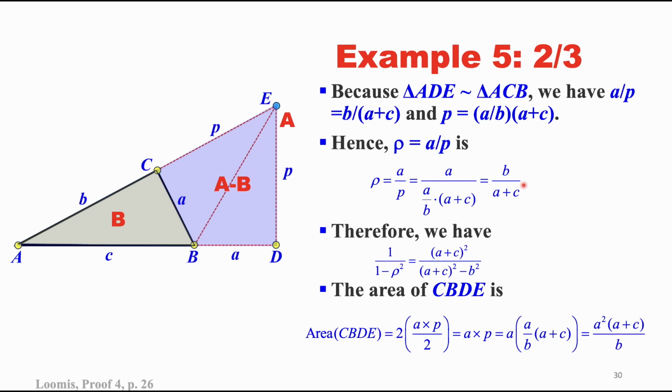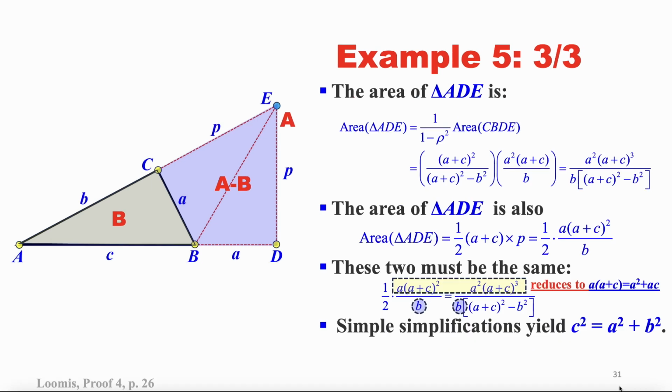After simplification, we have this. Therefore, 1 over 1 minus rho squared is this. The area of CBDE is twice the area of this. The area of this is A times B divided by 2. We have this.